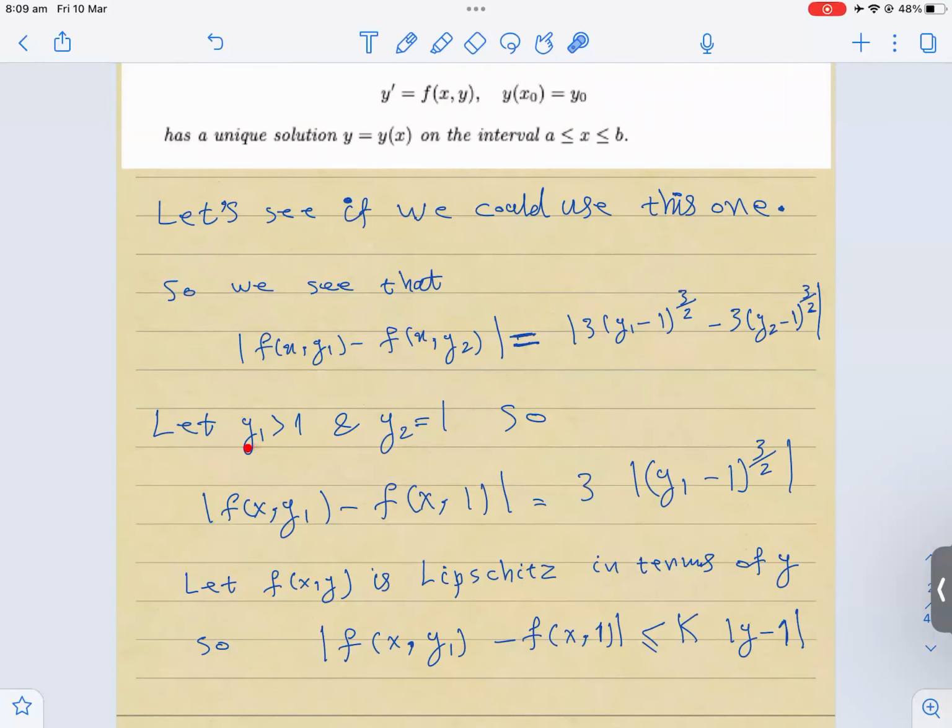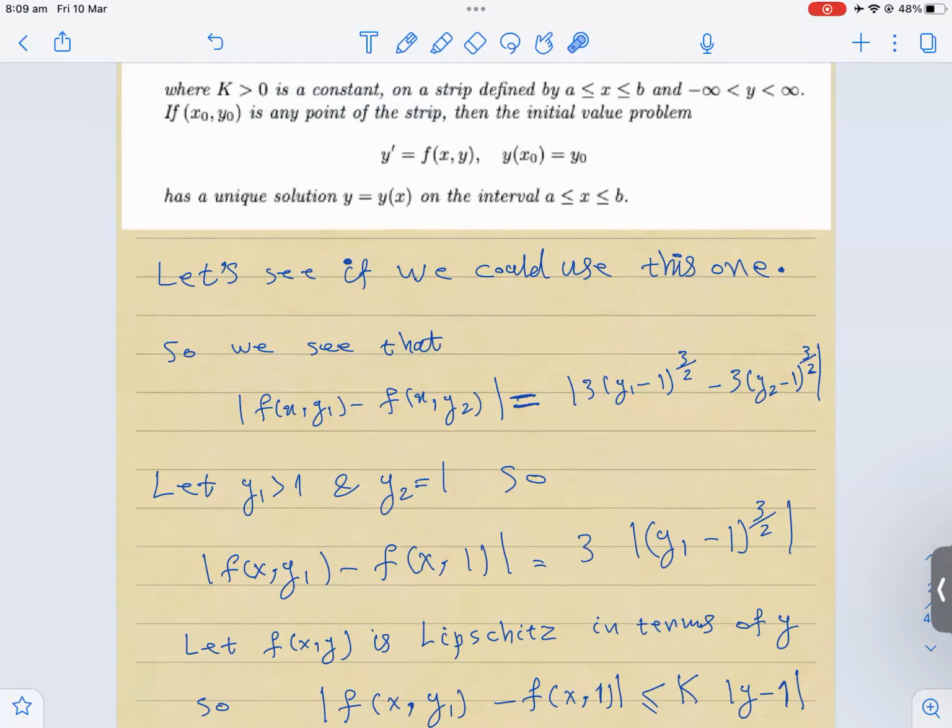I would choose y1 and y2 anywhere in the neighborhood of y, the neighborhood of 0 and 1. So y can be in the neighborhood of 1. I will choose y1 to be a little bit more than 1, and for y2 I will choose y equal 1 itself.